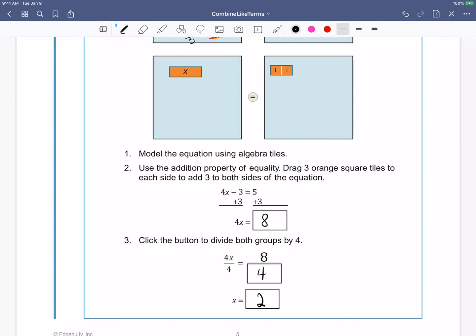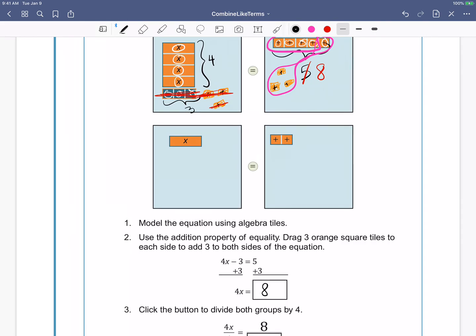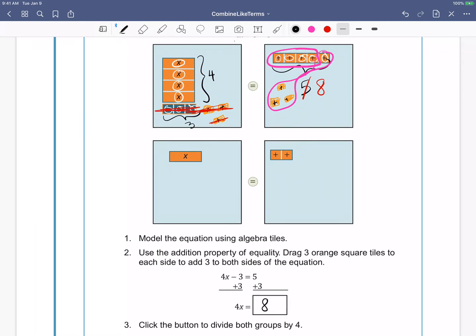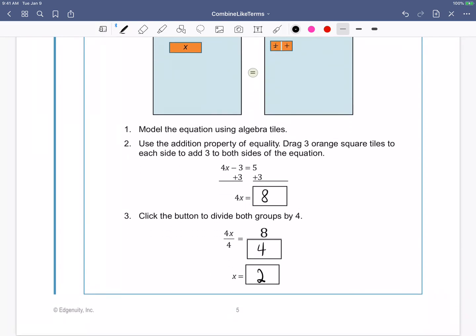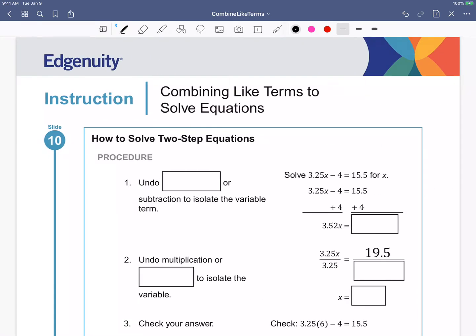Okay, so it's the same thing, just again, a little bit funny to see, but it's showing you that for every one of these x's, you have 2 plus, okay? So I just wanted you guys to see all the different ways they can show you these kinds of examples.